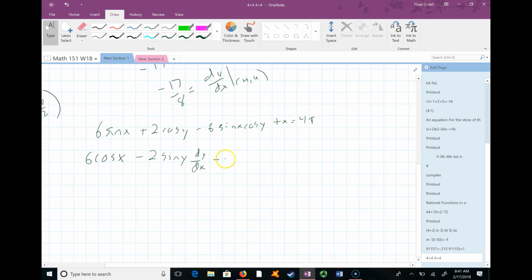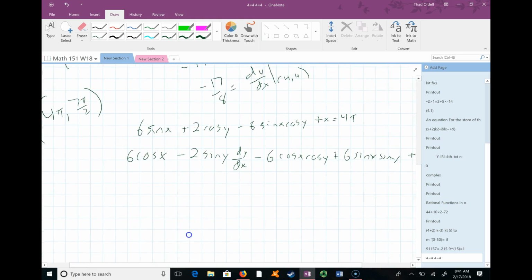So that would be negative 6 cosine x cosine y, actually plus 6 cosine x sine x sine y, plus 1 equals 0.